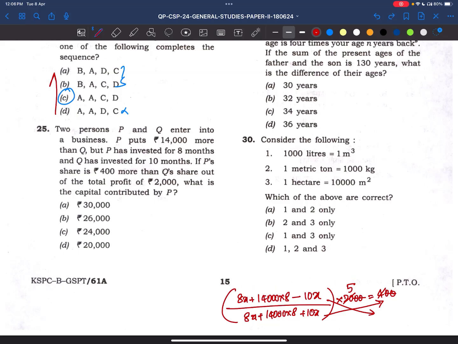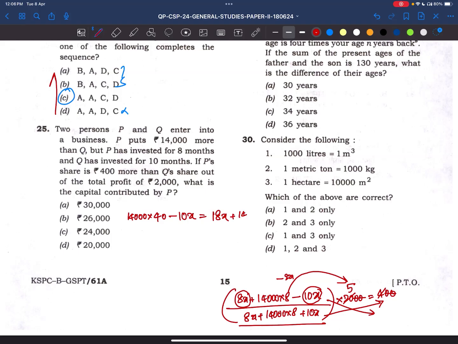Now see, 8x minus 10x is minus 2x. So 14,000 into 8 into 5, that is 40 minus 10x, minus x plus 8x, which will be minus 2x, into 5 minus 10x, right? This is equal to 18x.